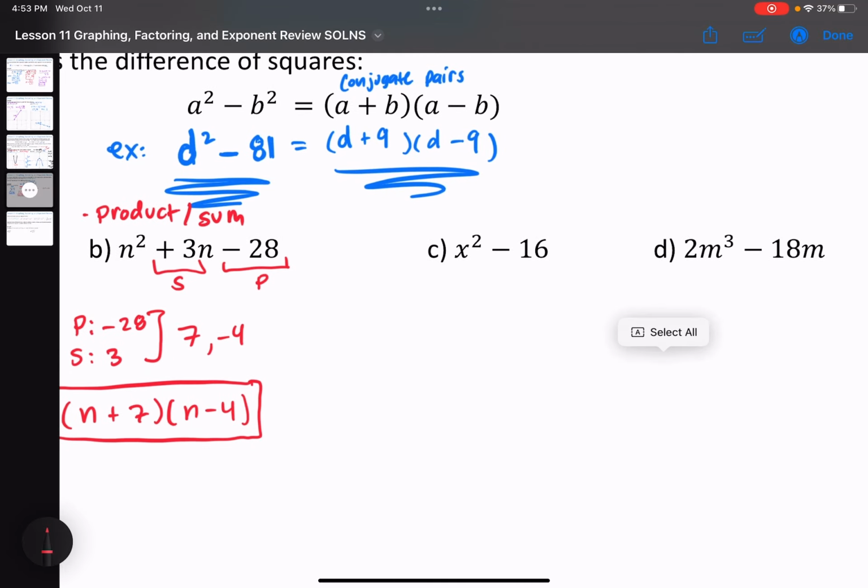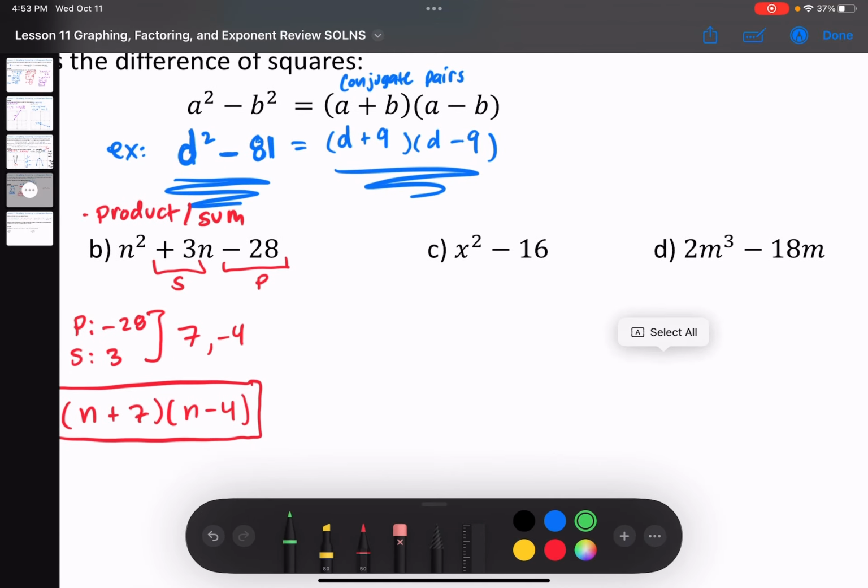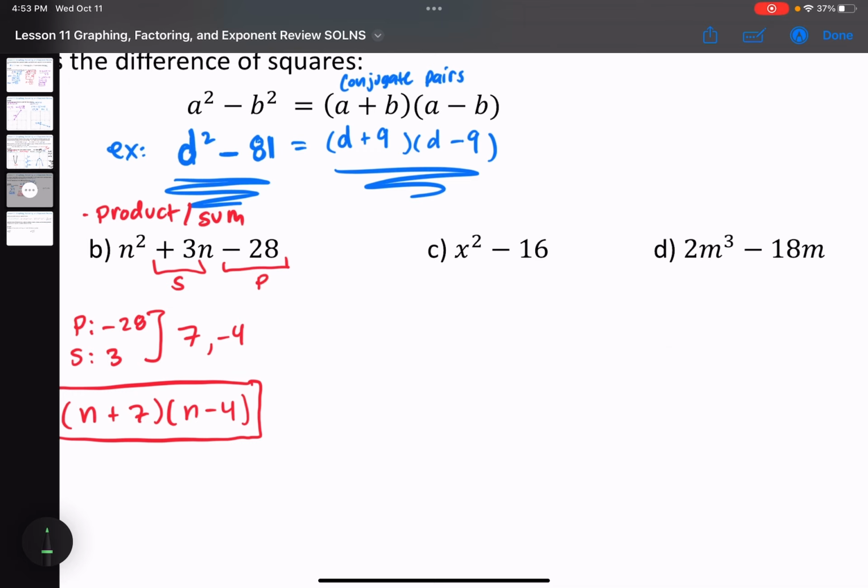Now this next example is something a little bit more recent to what we just learned. This is an example of our difference of squares, because both x squared and 16 are perfect squares. They both can be square rooted evenly. Also, it's a difference of squares because they always have to have a minus sign in between them.